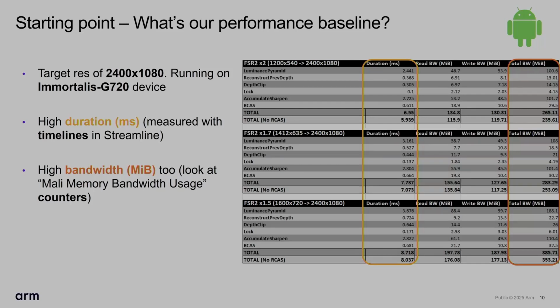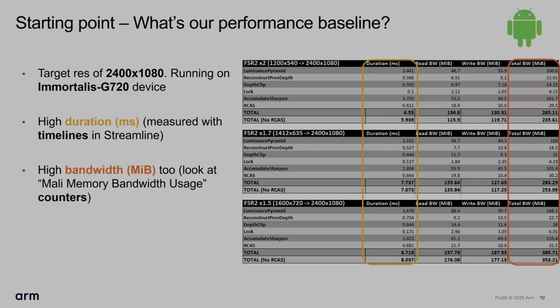So this was the starting point. This is how FSR2 looks like on a fairly recent mobile phone with Immortalis G720, which is like our last year GPU. And as you can see, the overall duration of the GPU work related to FSR2 is pretty high for your typical budget on Android.